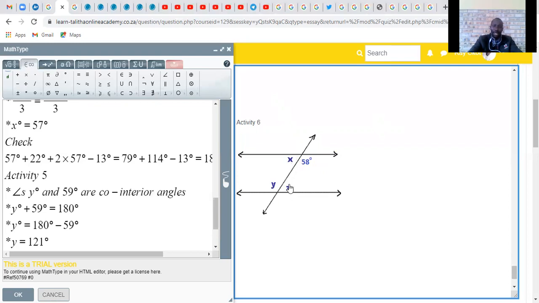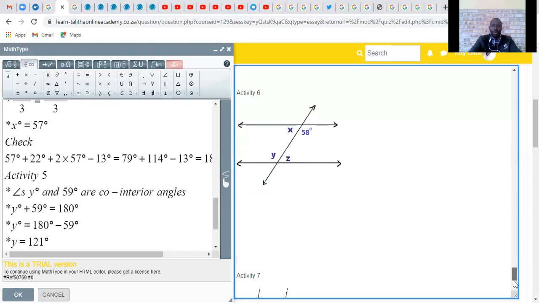But the most important thing is that the angle z is also equal to angle x. Then angle x and y add up to 180. That way you can find the value of z, x, and y.